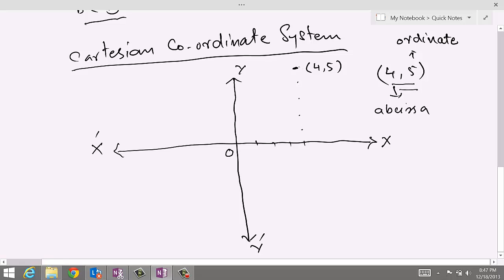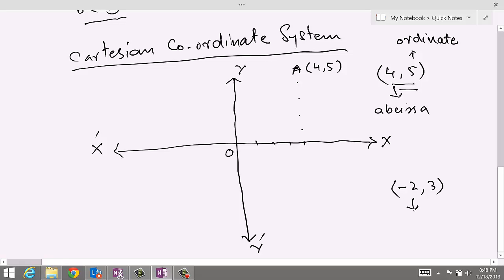We can name this point with whatever capital letter we want. Let's use the capital letter A. Now let's plot (-2, 3) on the same grid.